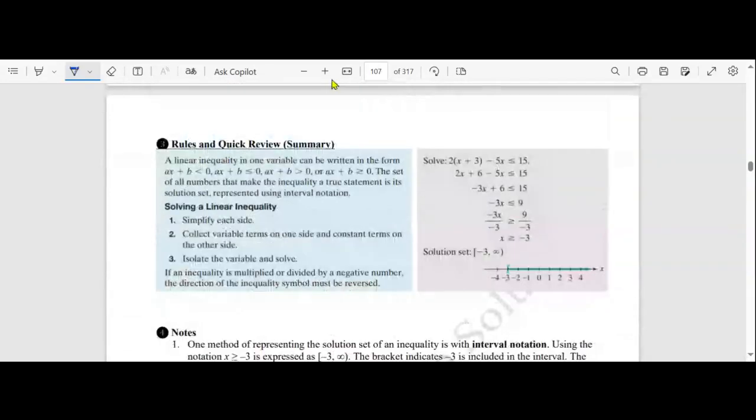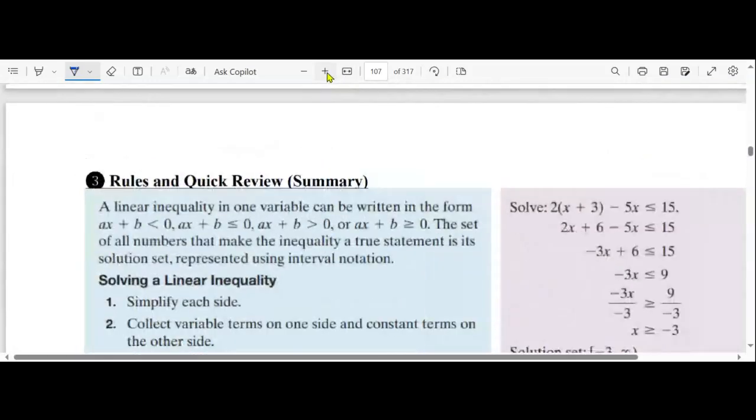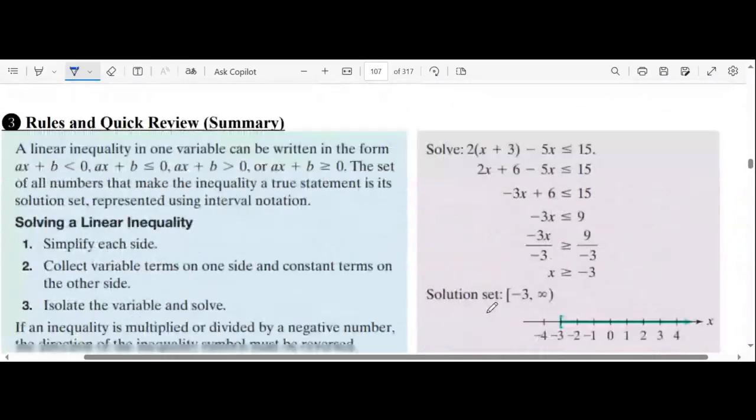Now let's take a look at the summary here, okay? A linear inequality in one variable can be written in the form ax plus b less than 0, ax plus b less than or equal to 0, ax plus b greater than 0, or ax plus b greater than or equal to 0. The set of all real numbers that makes the inequality a true statement is its solution set, represented using interval notation.